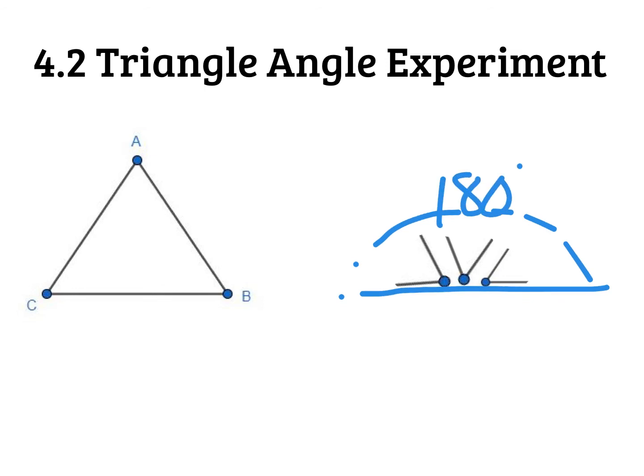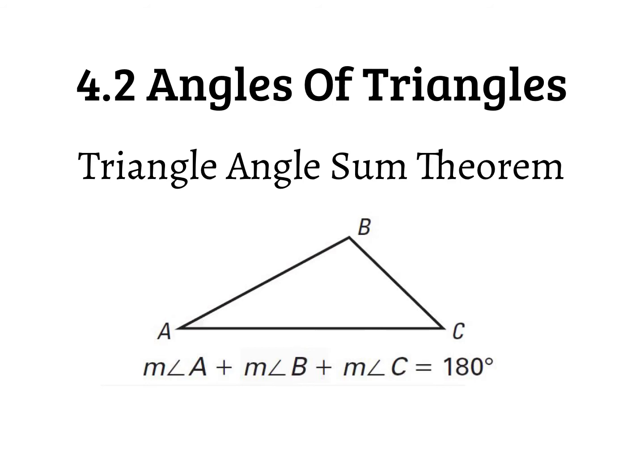That's what we call the triangle angle sum theorem. Officially, it means that the measure of the three angles combined should equal 180 degrees every single time, no matter what triangle you constructed.